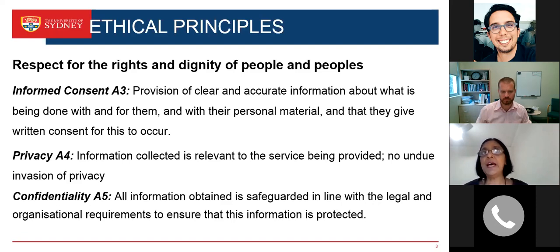So when we think about clinical record keeping, what I did was extract 4 principles, 3 on this slide and 1 coming. These principles are from the Code of Ethics. It was originally developed by the APS, but has actually been taken up by the psychology board.